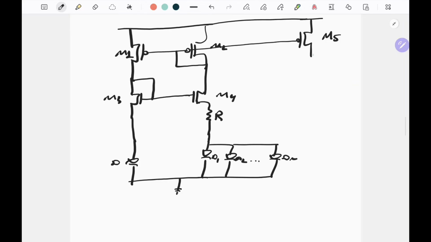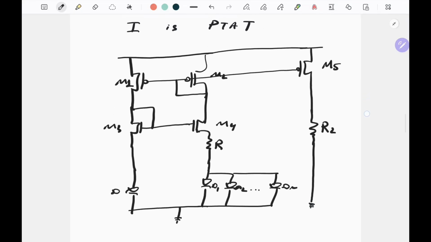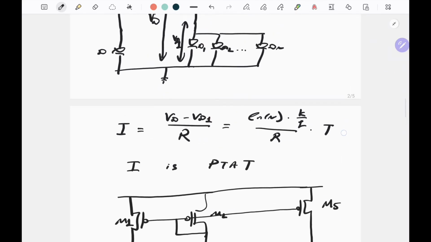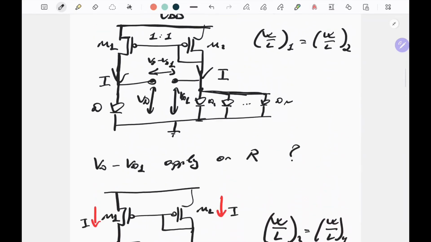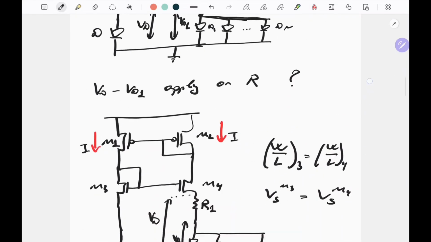And we put here an additional resistor. Let's call it R2, and we connect it to ground. Now, also let's call this resistor R1. So this is R1. Let's call it R1 everywhere.